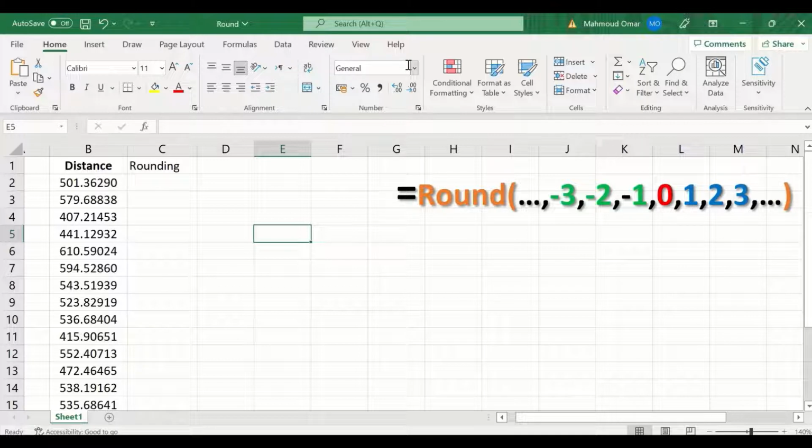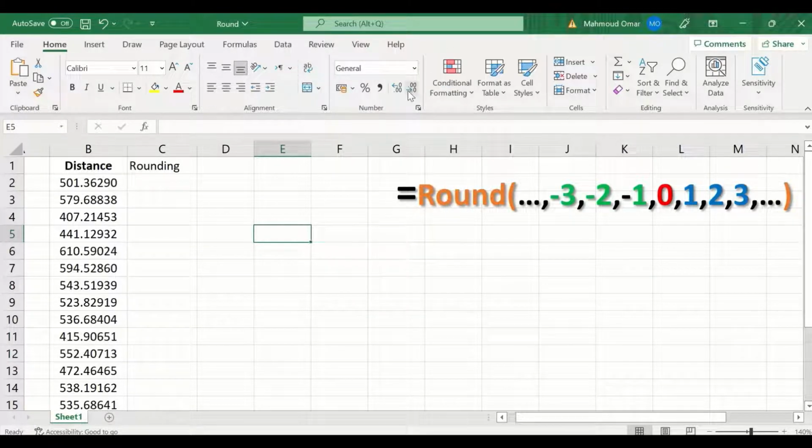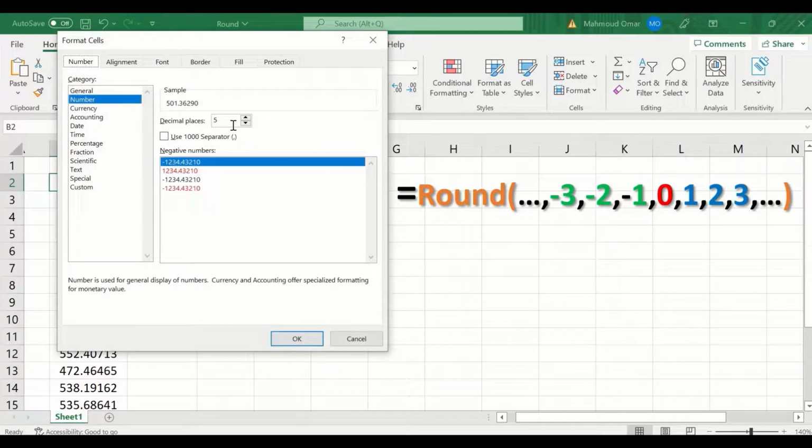This can be done through the general and selecting numbers, or through using these small arrows here to increase or decrease the decimal places, or by clicking on the cell format here and change the decimal, or decrease or increase the decimal.